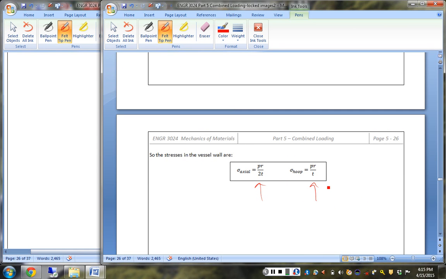So if you have a cylindrical pressure vessel, this guy is always 2 times that guy. It's just the way it works. So what is this implying? This is saying hoop stress is 2x axial stress.